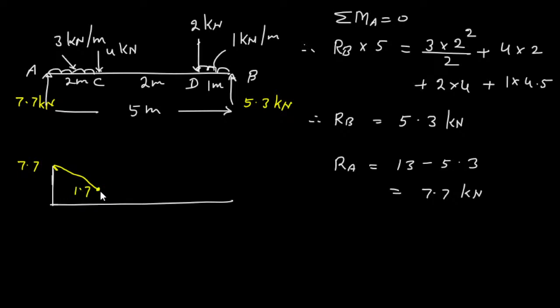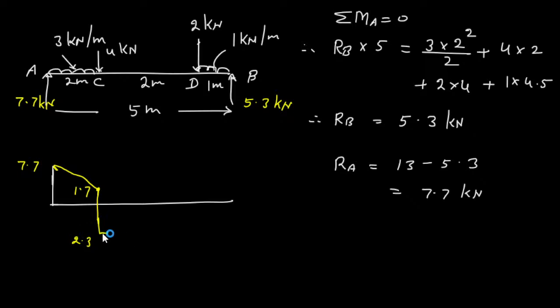Then here there is a sudden fall because this 4 kilonewton is going down. So 1.7 minus 4 will give me minus 2.3. So this value here is 2.3.